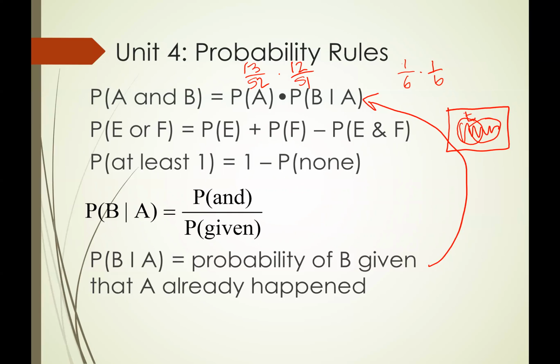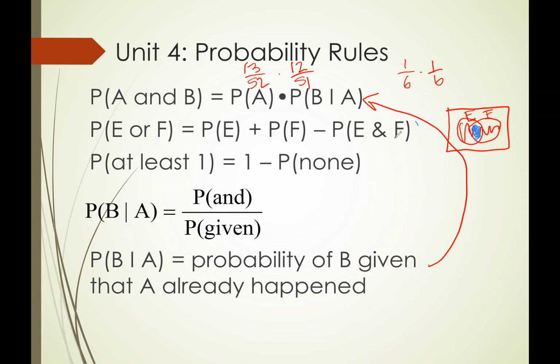If you take circle E plus circle F, the part in the middle is being counted twice. It should count, but it shouldn't count twice. It's being counted with E and with F. So when I do E or F, I do E plus F, but then I subtract the overlap. If there is no overlap, because E and F is 0, then there's nothing to subtract.